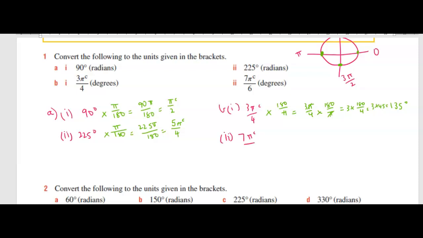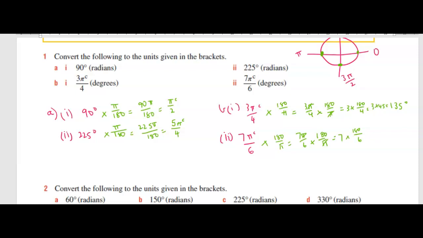All right, so then we've got 7 pi on 6, so we multiply that by 180 on pi. So I'm just going to rewrite that. Probably don't need to, but I like everything in the same color. So 180 over pi. So your pi's can cancel. The 6, you can change that to be 7 times 180 on 6.